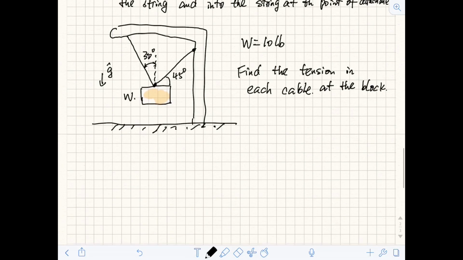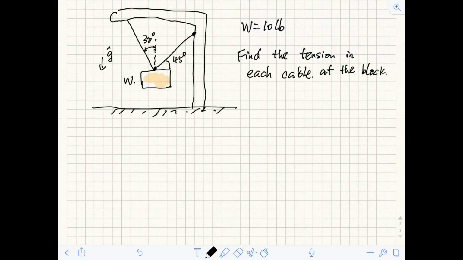So where do we start? So we start by defining the acceleration of the block. Since we're dealing with a static problem, we know the acceleration of this block is equal to 0 as well as velocity. But in this case, velocity doesn't really play a role because we are trying to find the forces.